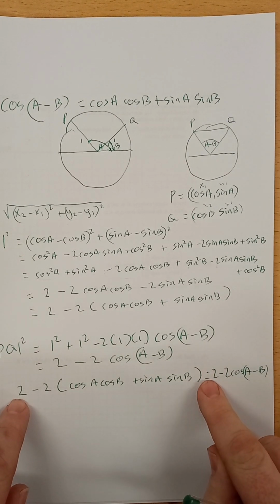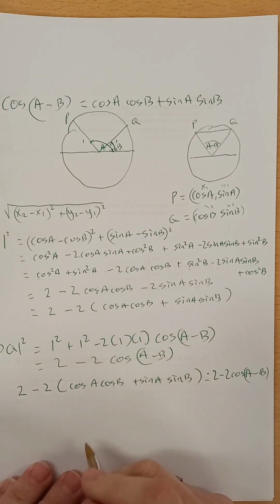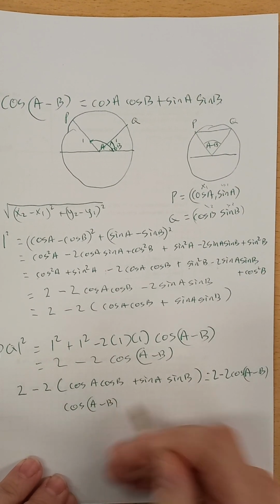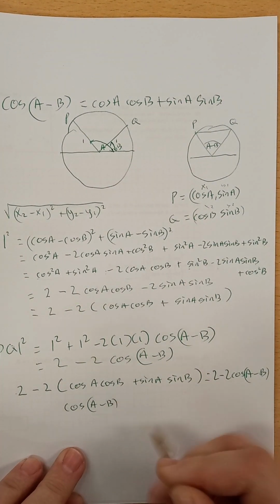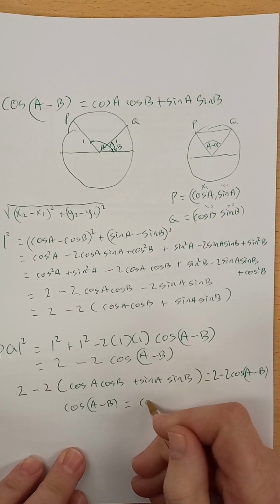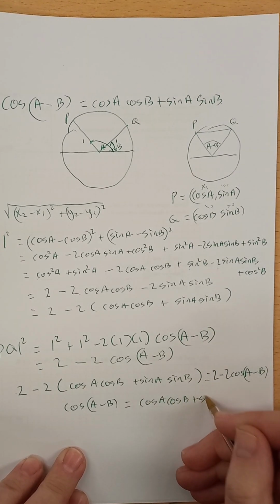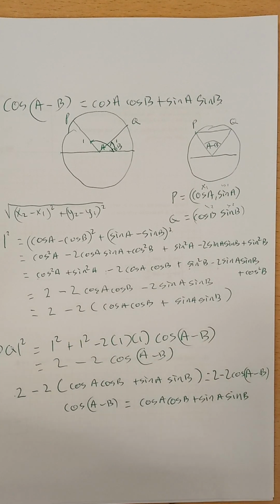The 2 cancels, and what are we left with? We're left with the cos of A minus B. I'm just rearranging it, so this is this side and that's that side. The 2's are gone from everything, and you're left with cos A cos B plus sine A sine B. And there you have your proof.